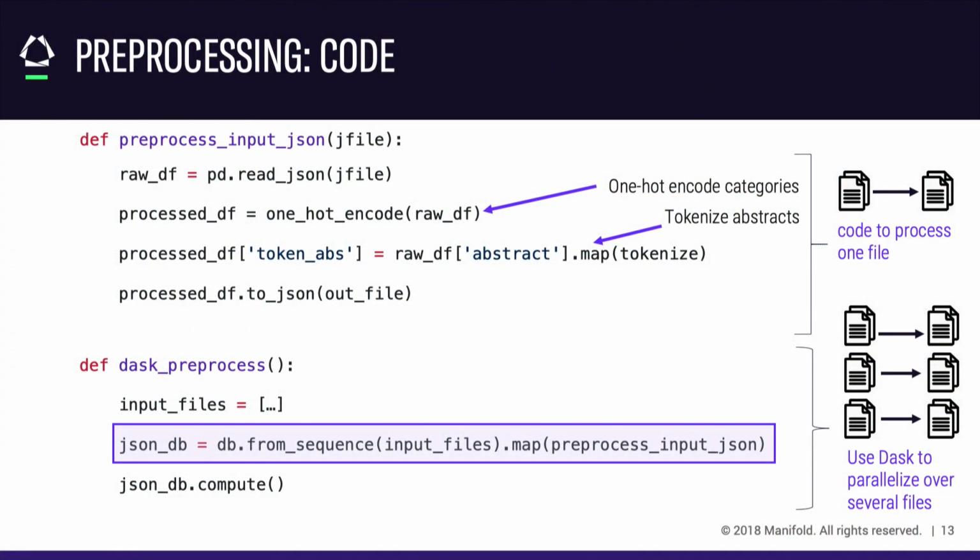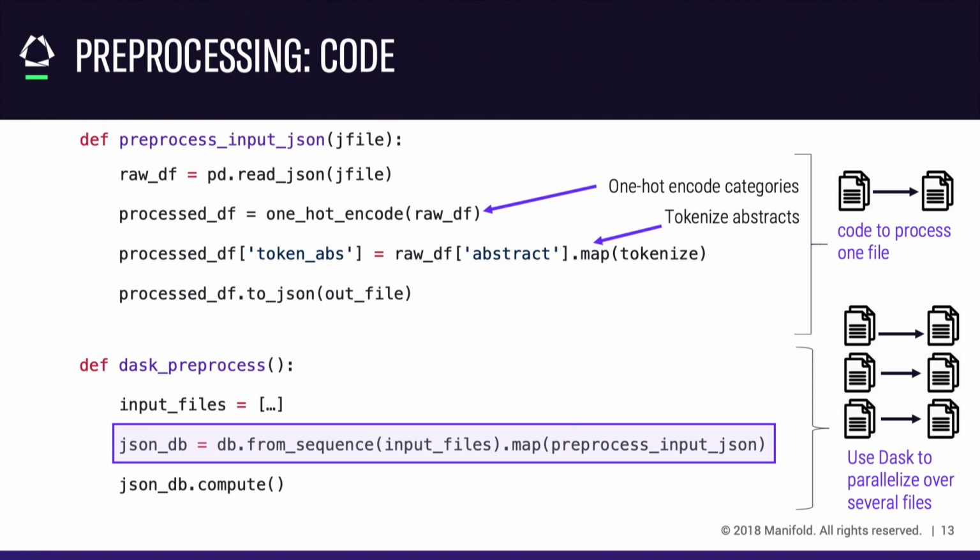Now we're ready to parallelize over files using Dask. So let's say we have some list of input files. We can use a structure called DaskBag, or DB for short. It's from sequence, just loads the input files into the DaskBag.